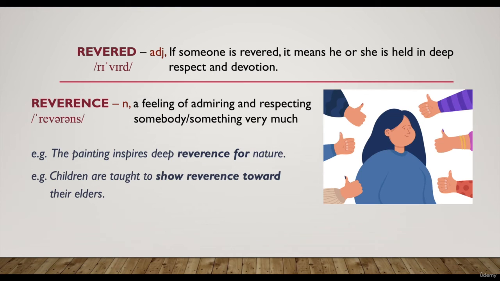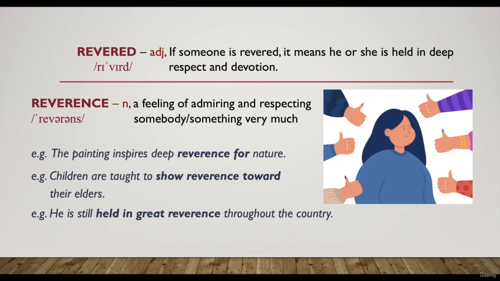Another example, children are taught to show reverence toward their elders. So it is taught to children that they should respect their elders. So to show reverence towards someone means to show respect to someone. He is still held in great reverence throughout the country.